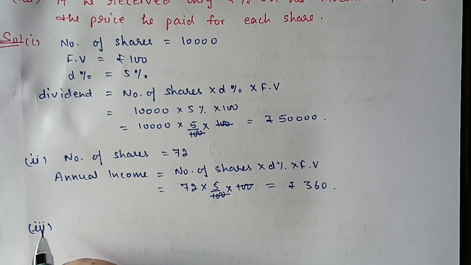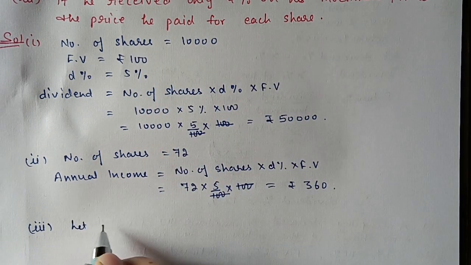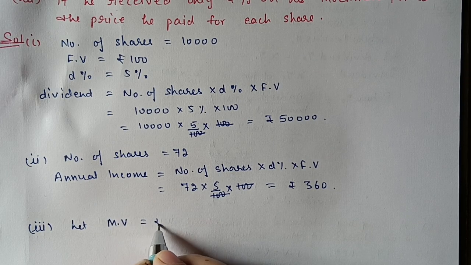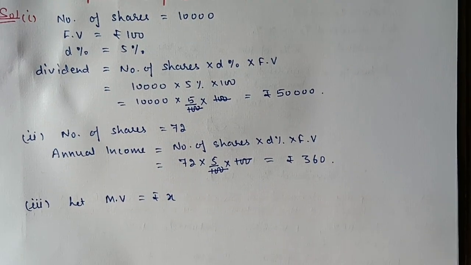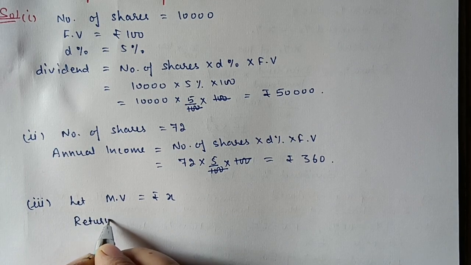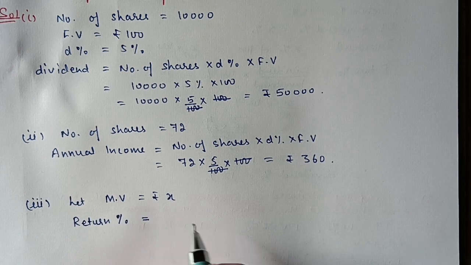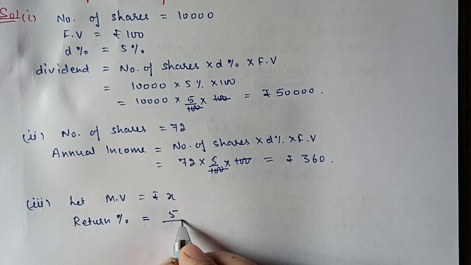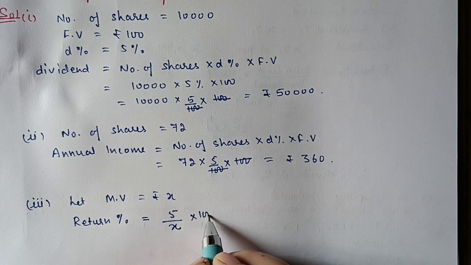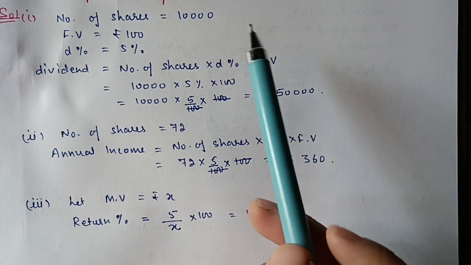Third part, we have to find the price he paid for each share, which means market value. So we'll take the market value he paid for each share as rupees X. So return percentage will be: he is getting 5 rupees, 5% dividend, and he invested X rupees for one share, into 100%, and this is equal to 4% because it is given in the question.